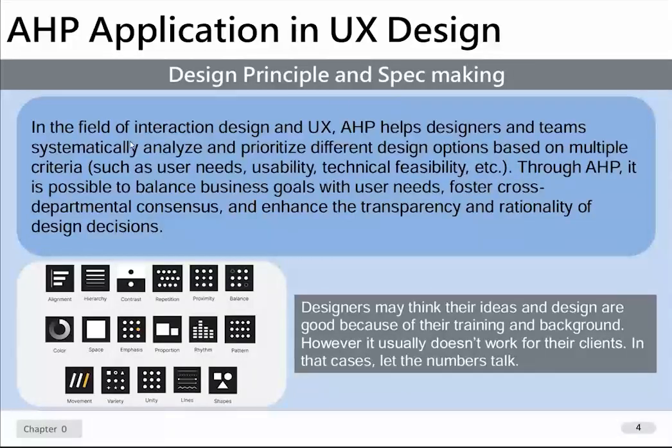In the field of interaction design and the UX design, so AHP helps designer and teams systematically analyze the priority different design options based on multiple criteria, such as user need, usability, technical feasibilities, etc. So through AHP, it is possible to balance business goals with user needs, foster cross-departmental consensus, and enhance the transparency and the rationale of the design decisions.